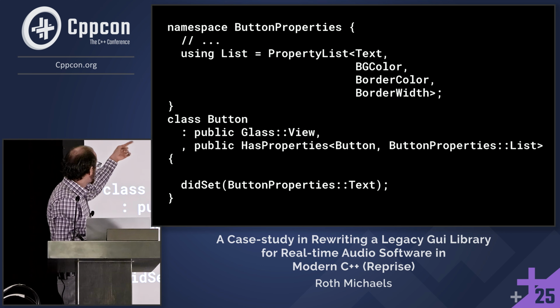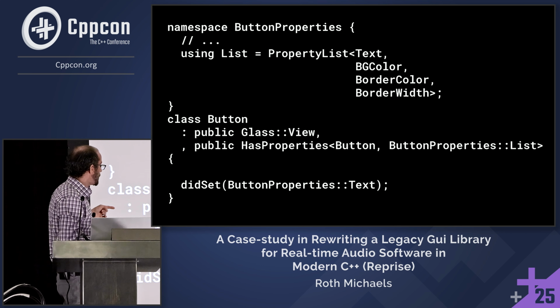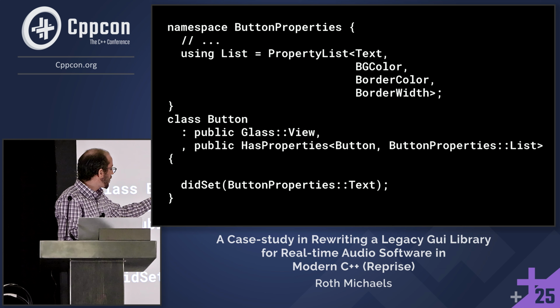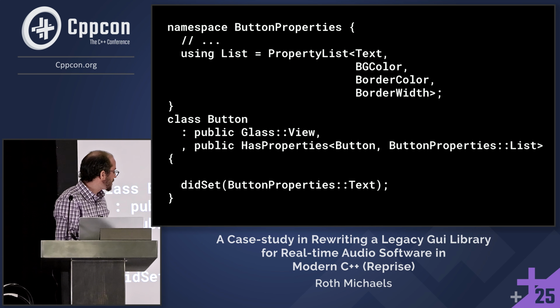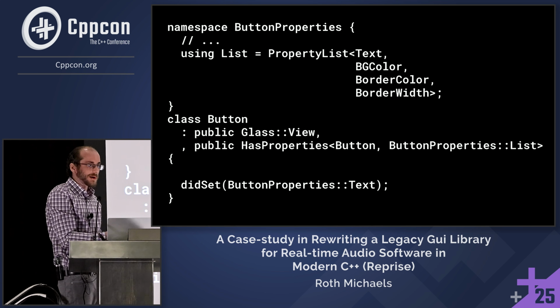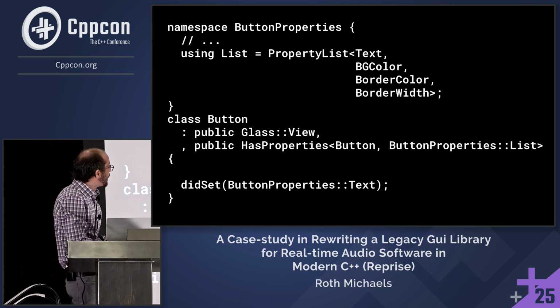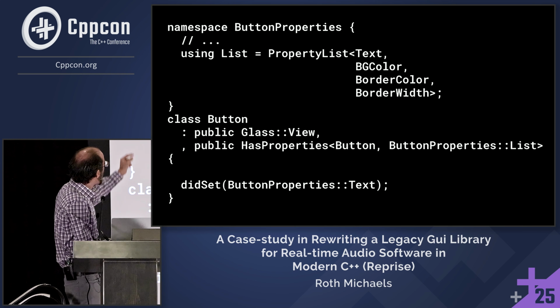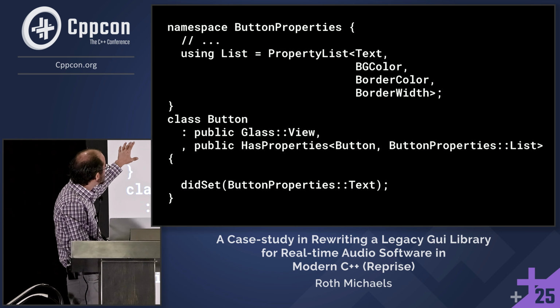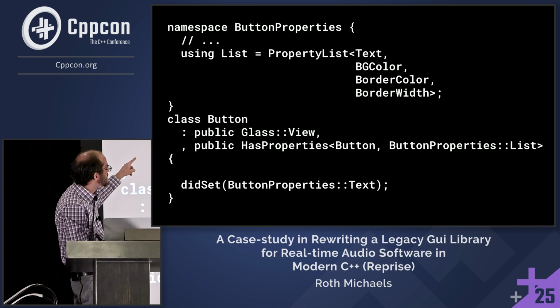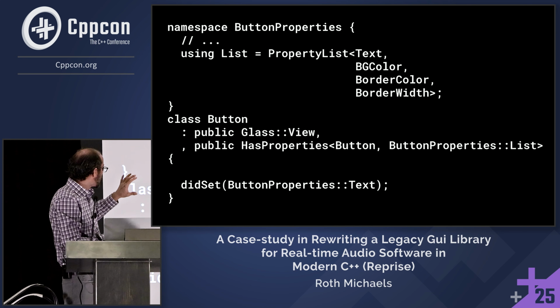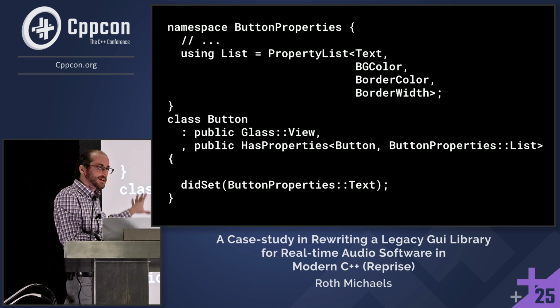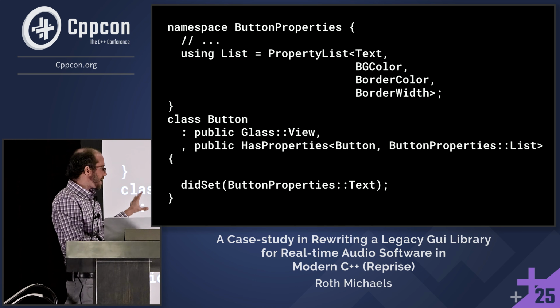And so we declare this property list, and then pass that with CRTP into this has properties that will do all of our meta programming magic to synthesize our properties. One sad thing is I really wanted all these property declarations in this namespace, button properties, and the property list to all be within the definition of the button class. But that's not possible.